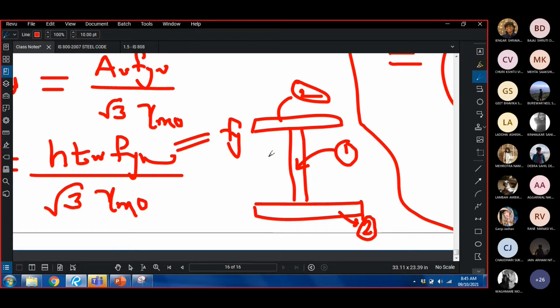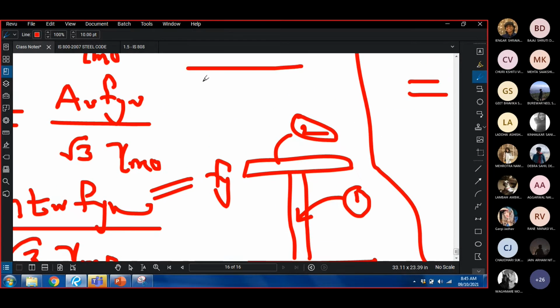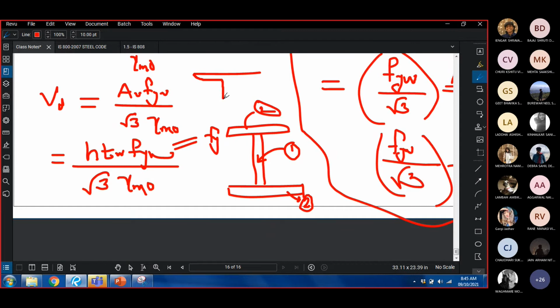So in that case, Fy of web might be different from that of a flange. But what we are using right now is a hot rolled section, so both of these are the same. But just for specifying which yield stress we are using, we specified FYW.